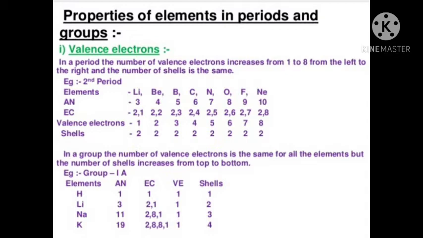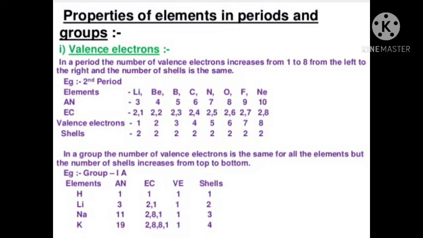Number of shells: for lithium 2, beryllium 2, boron 2, similarly for carbon to neon 2. So, the number of shells is the same for the period. The second period contains 2 shells. In a group, the number of valence electrons is the same for all the elements, but the number of shells increases from top to bottom.